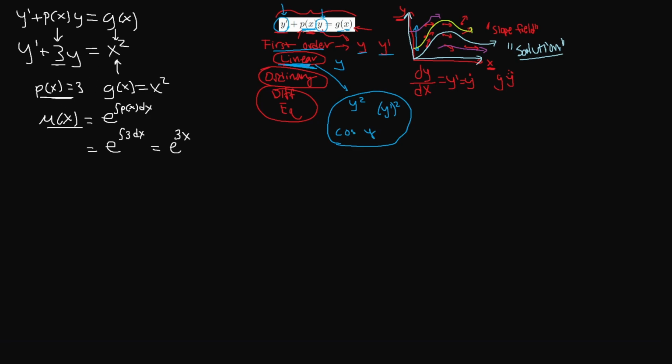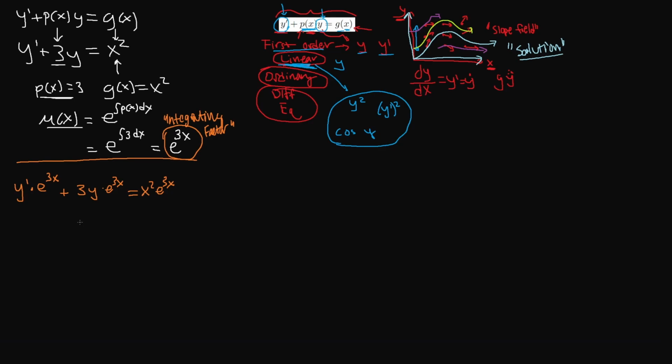Now let's do step number 2, and let's multiply through our equation by this integrating factor. By the way, this is called the integrating factor, and maybe you'll see why after we learn about it. If we multiply through, we have y prime times e to the 3x plus 3y times e to the 3x equals x squared e to the 3x.